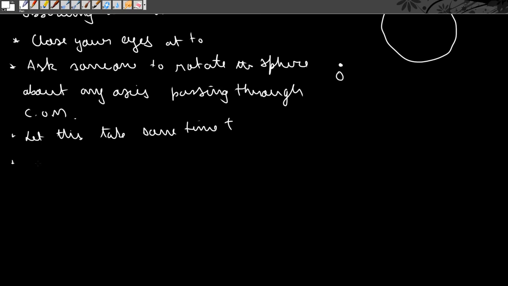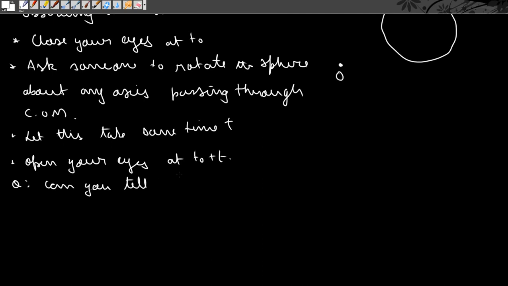Now open your eyes at t naught plus t, that is, after the person has rotated it. Now I ask you the following question: can you tell if the sphere was rotated or not?